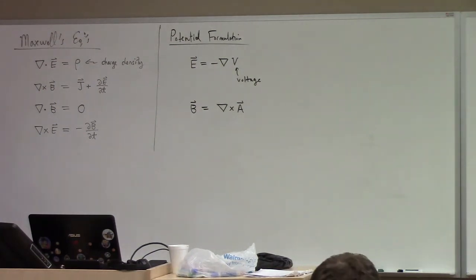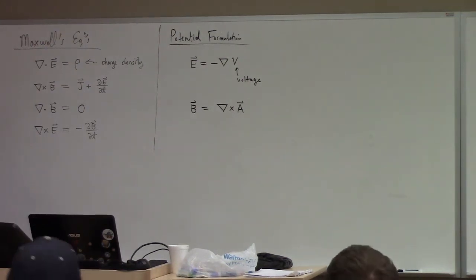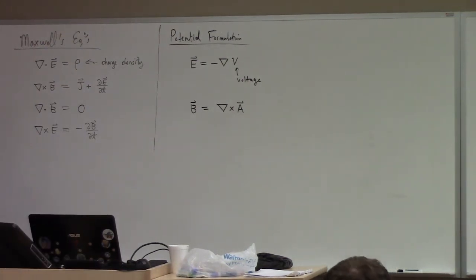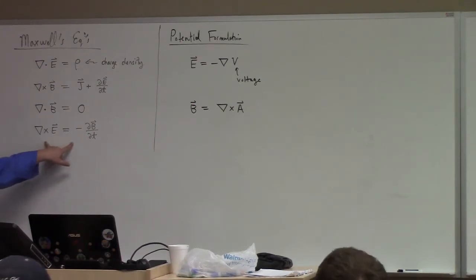Now, this isn't quite right, though. If you have a junior level course in electromagnetics, you'll study both of these things, the electrostatic case and the magnetostatic case. But you notice something, that these can't quite be right. If you look at this equation, what does this say?